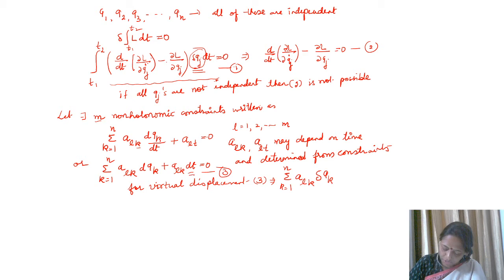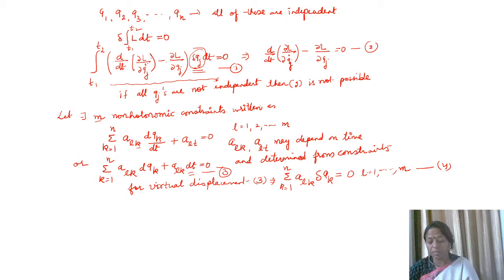And because dt will be δt and δt is 0, it will be represented in this form, where again l goes from 1 to m. Okay, here the left hand side of 1 is equal to 0, the left hand side of 4 is equal to 0, but it does not mean that both may be put side by side. This is not possible.